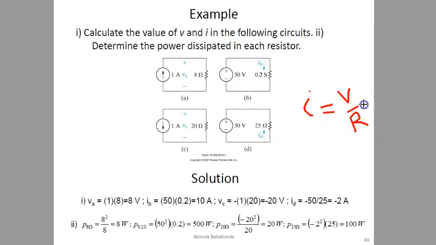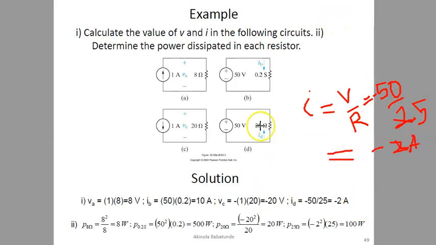So it will now be equal to minus 50 divided by 25. Again, the minus is because the current is flowing in the opposite direction to our polarity, our sign convention, which is supposed to be from positive to negative, but current is flowing against that. That is why we have the negative here, and our I will therefore be equal to minus 2 amps.